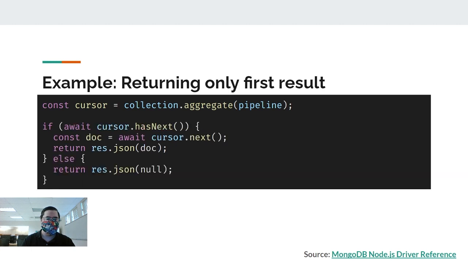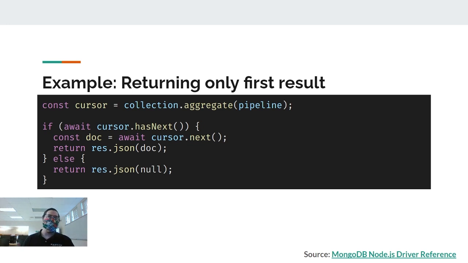Okay. The next thing I can do is if I want to just get the first result, I need to use two methods, hasNext and next. hasNext tells me whether or not there is a next result, and then next gives me that result. You might think that, using that interface, I could probably just directly call next and say, well, let's just see if next is null.